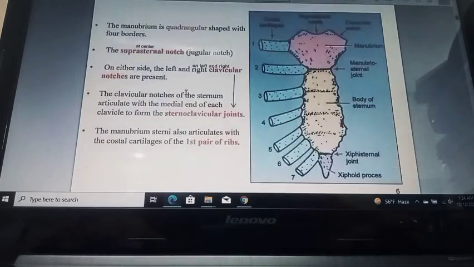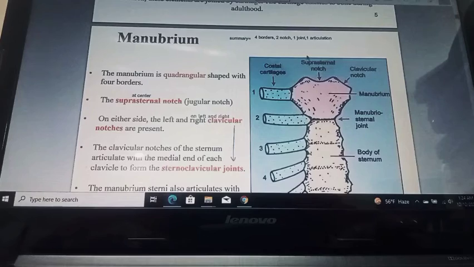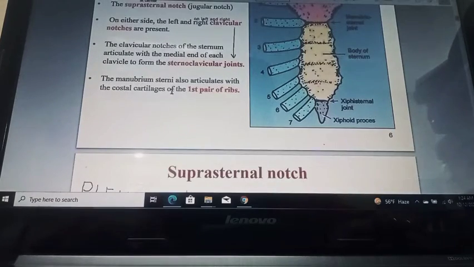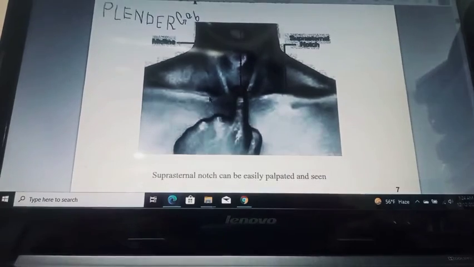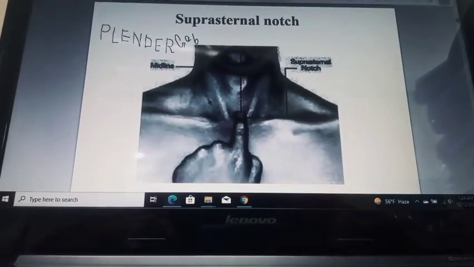And it has one articulation. Where is this articulation? It is here. The manubrium sterni also articulates with the costal cartilage of the first rib. Here we have studied this suprasternal notch, which can easily be palpated and detected.